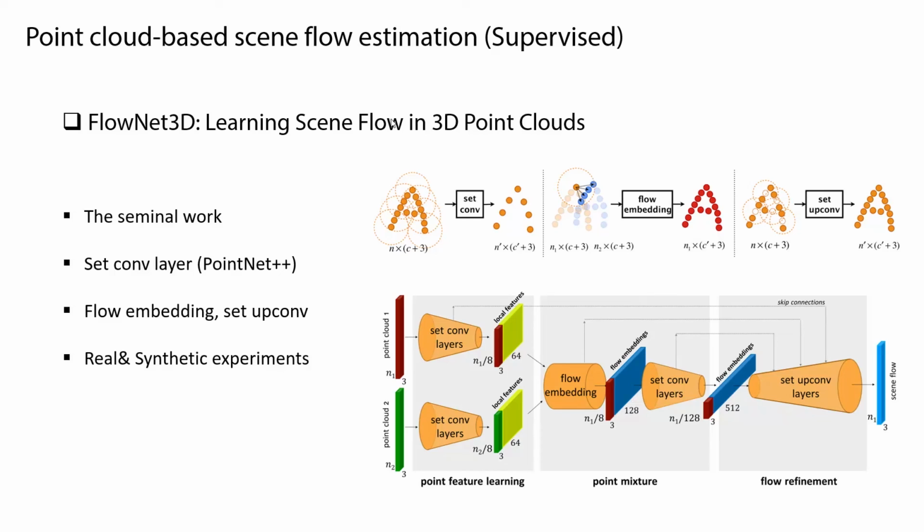With these layers, they can upsample and propagate point features in a learnable way. In the experiments, they not only conduct experiments on real data but also use synthetic large-scale data for training.